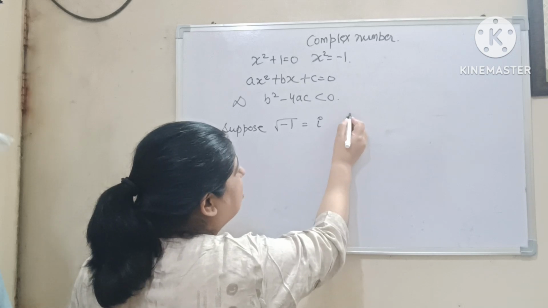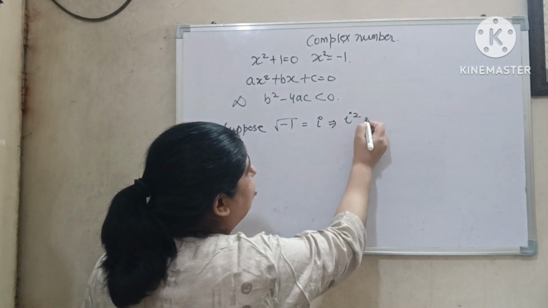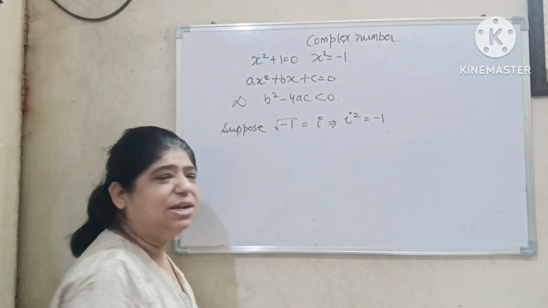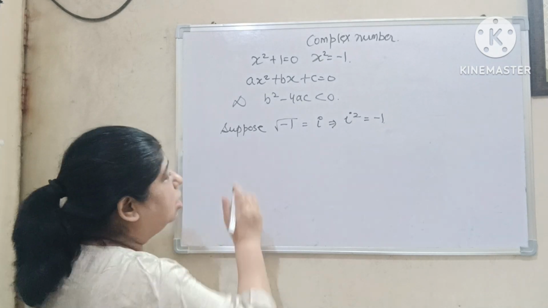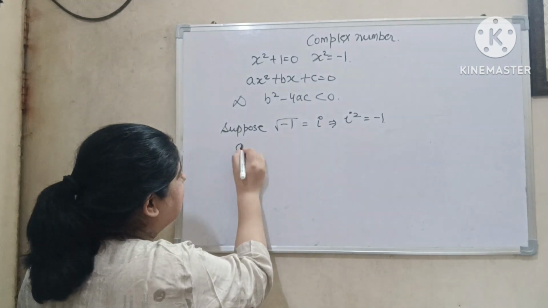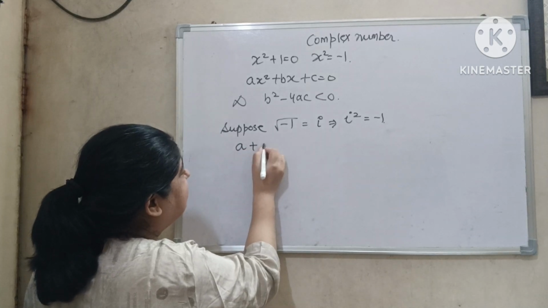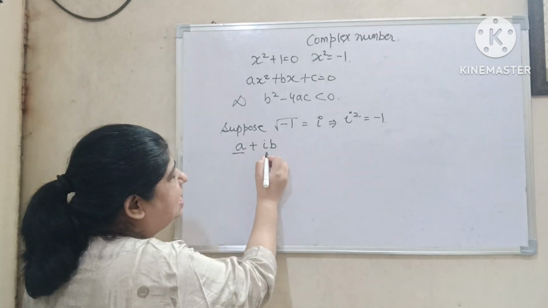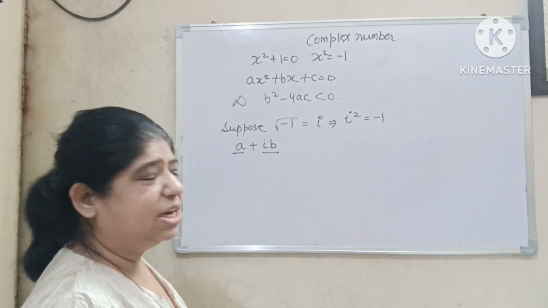Now what will be i square? This implies that i square will be minus 1. This you have understood. Now, for complex number, we have a plus ib, where a is the real part and b is the imaginary part.